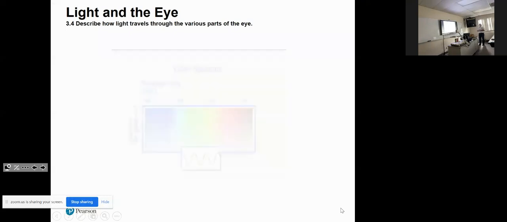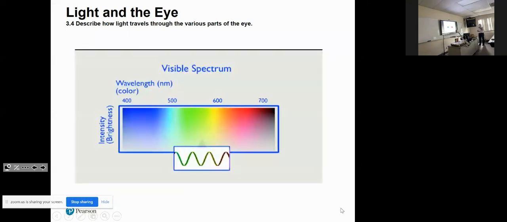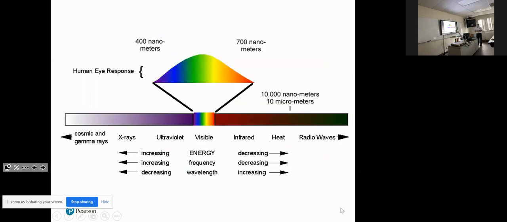Really quick, I'm not going to go much into the science of it, but just know that our visible spectrum goes from right around 400 nanometers to about 750 nanometers. Ultraviolet is on the high-frequency end and infrared on the low end.